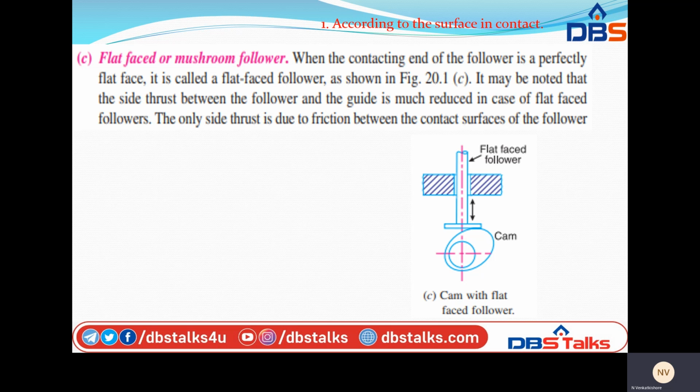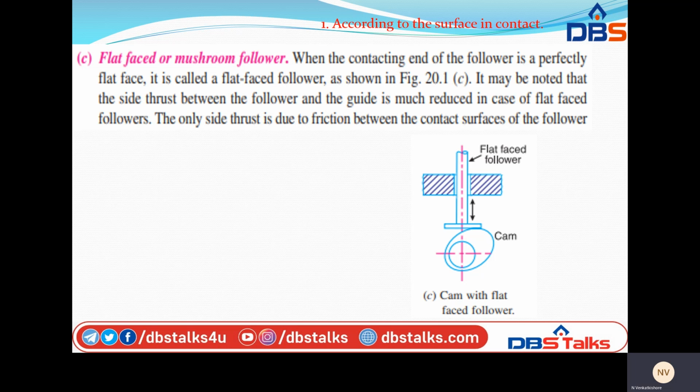See, these two are concentrated at a single axis line. But due to the friction, we need to reduce this friction. We need to go for this as an offset follower.